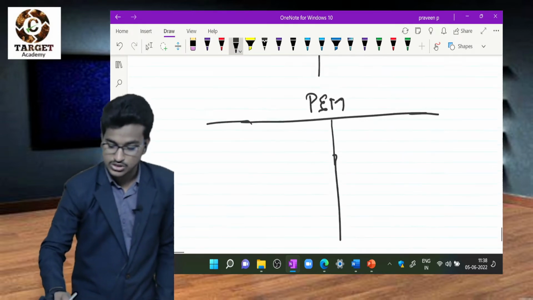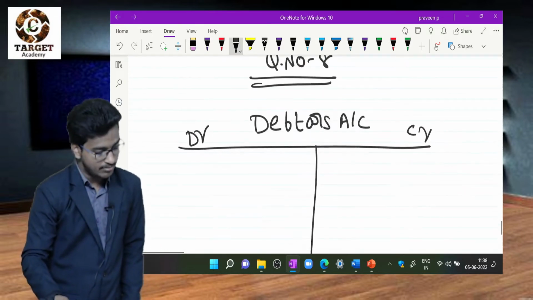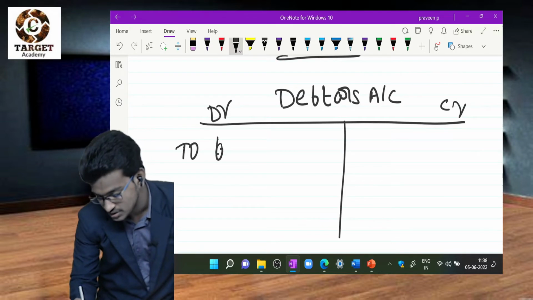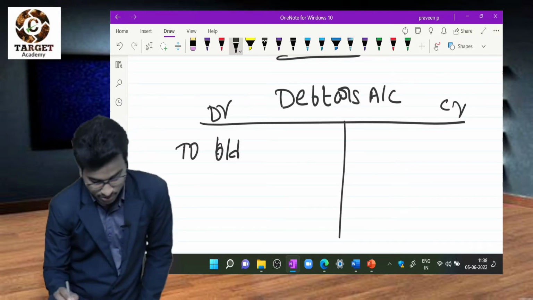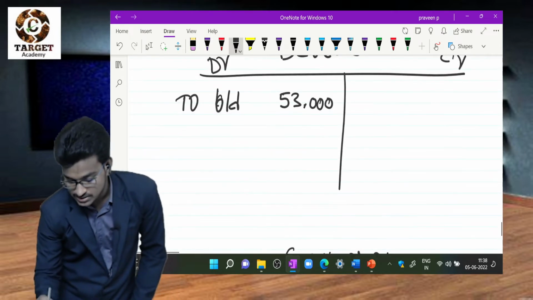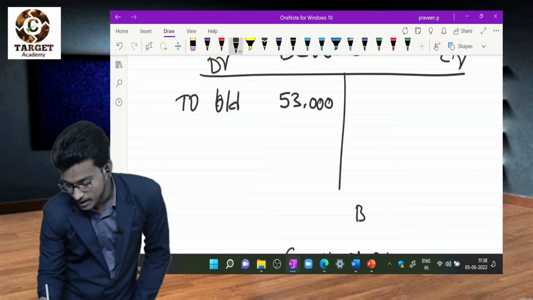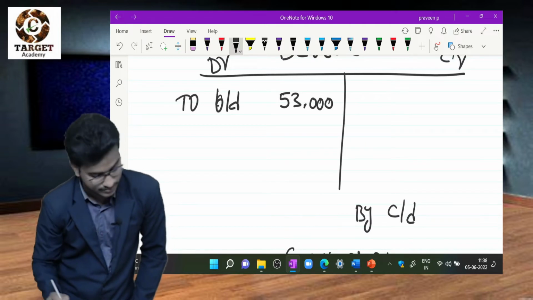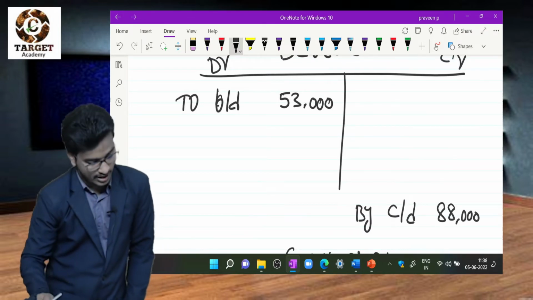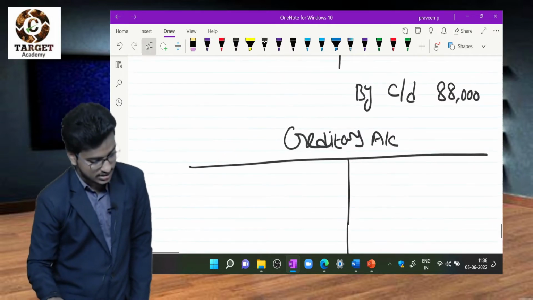Now just post the opening and closing balances given in the problem. Debtors account, to opening balance, how much? To balance brought down 53,000. What is the closing balance? By balance carried down, how much? 88,000. Then open creditors account, post it.